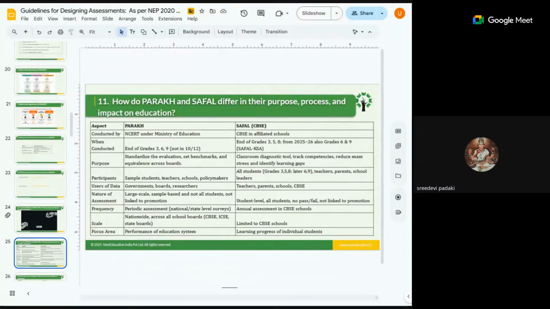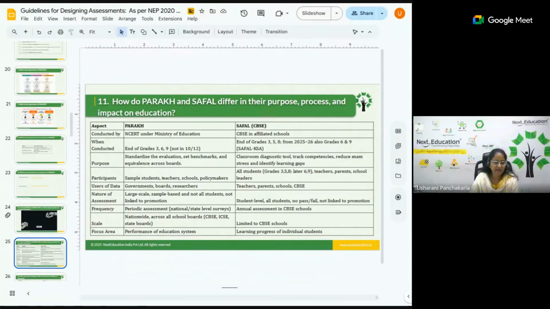As I said, as a field investigator there is a scope, but to enroll you need to go through the official website of PARAKH, which I've shown you. You can also be a part of the panelists, provided you have the knowledge with respect to academics and assessment. The observer should be a qualified person and a principal.